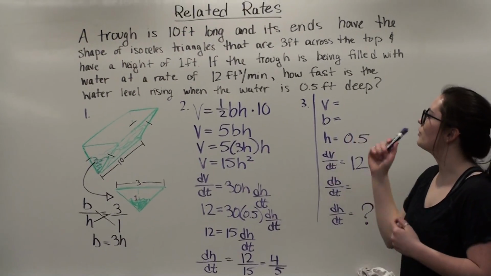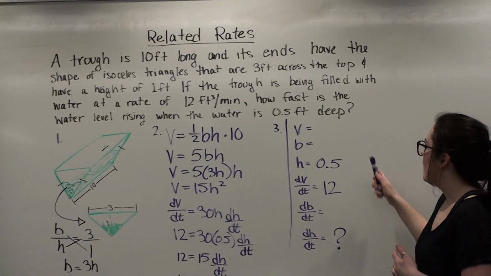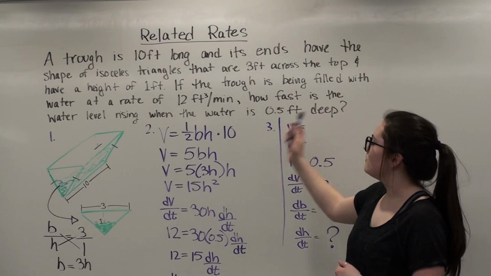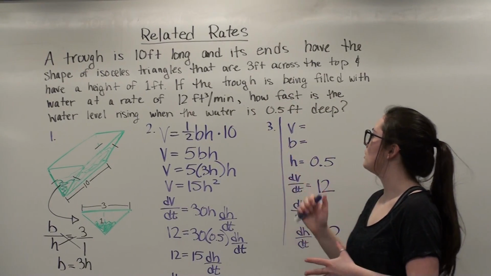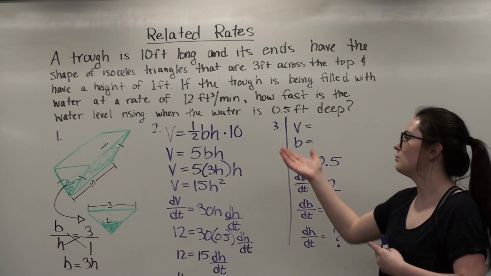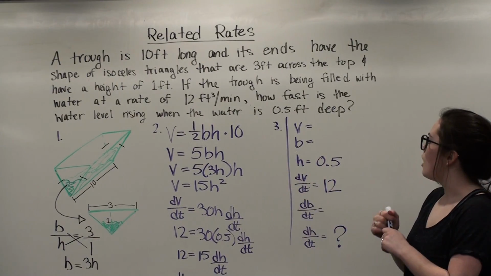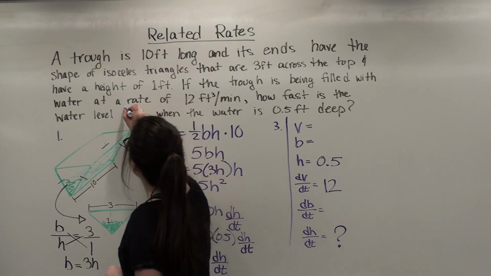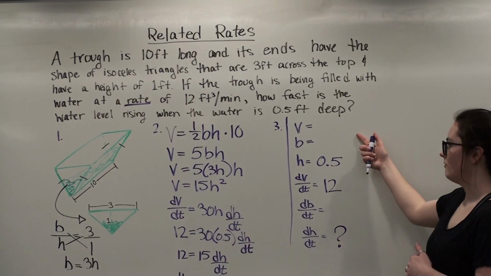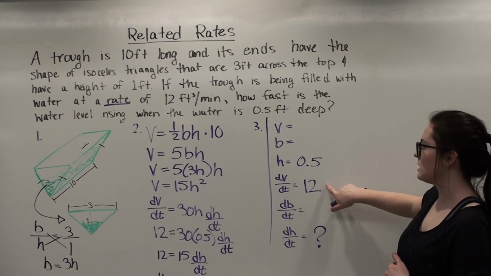The next step is to go through the problem and to identify any of these values. So it says, if the trough is being filled with water at a rate of 12 feet cubed per minute, okay, that's talking about the water being filled in the prism, which we already said was related to volume. So it also says being filled at a rate of 12 feet cubed per minute. So we know that's going to be our derivative and not our volume. So I've identified our dV/dt as 12.